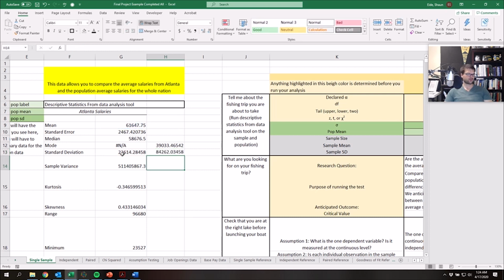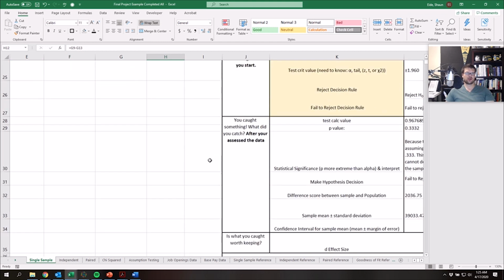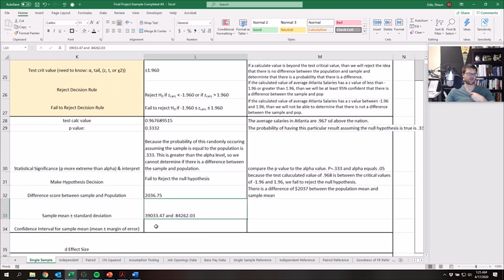Why do I care? Great question. This tells us that these are the values that are within one standard deviation of the mean. So we can assume that 68% of the individual values will fall within these limits. So what we're going to do is come down here and say, what is the sample mean plus or minus the standard deviation? So this is the lower limit of, and upper limit of.